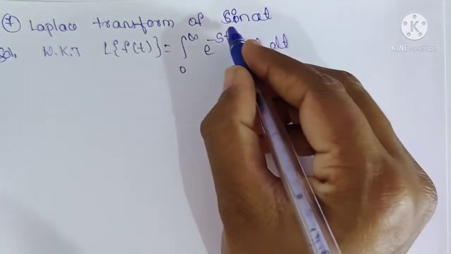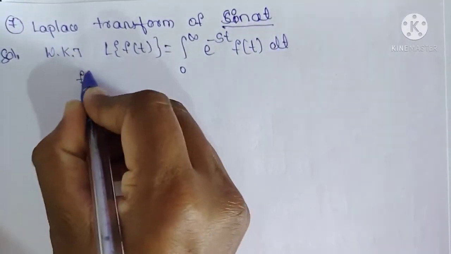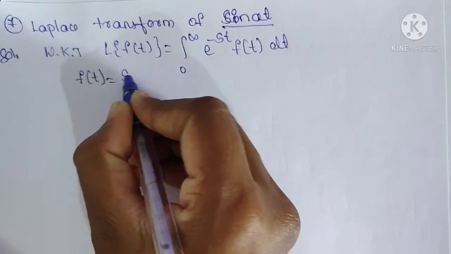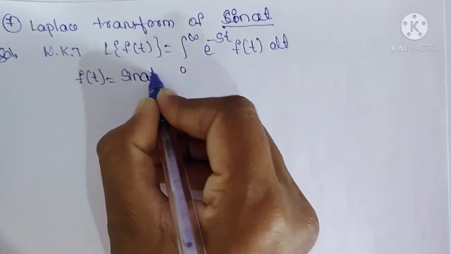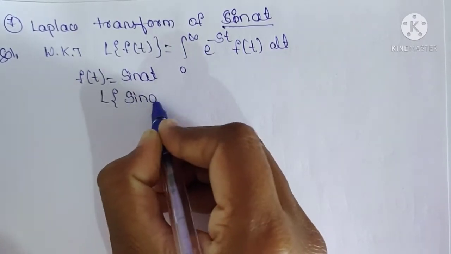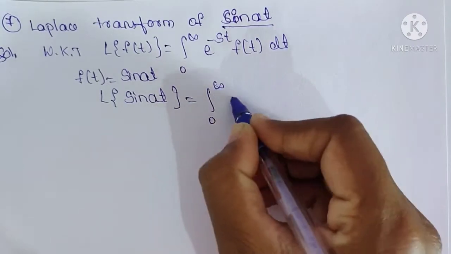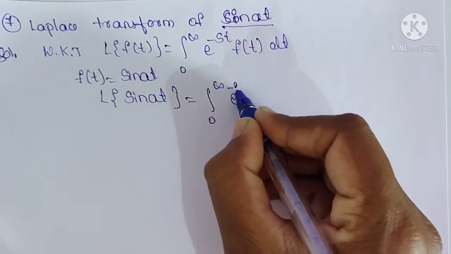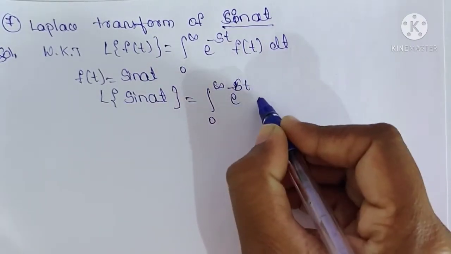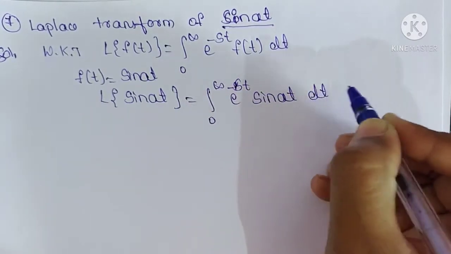Here we have to find the Laplace transform of sin at. That is, given f of t is equal to sin at. Then L of f of t, which is sin at, is equal to the integral from 0 to infinity of e power minus st, f of t which is sin at, into dt.